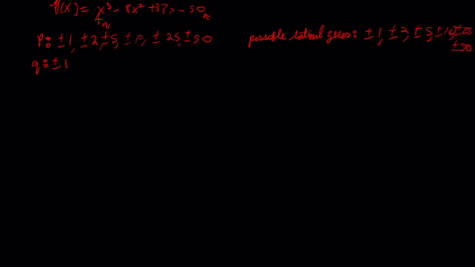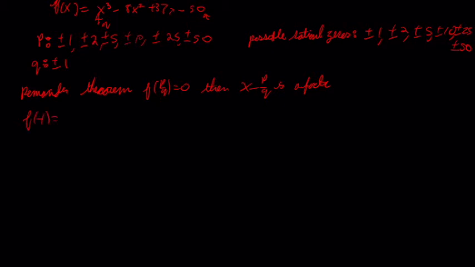So I'm going to use the remainder theorem to find my rational zeros. And the remainder theorem says if I have f of p over q equals 0, then x minus p over q is a factor. So I'm going to take f of negative 1.